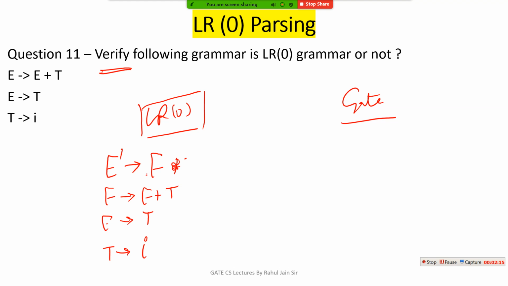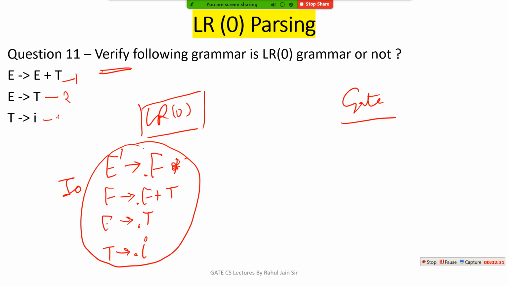Now let us make the LR0 items. Suppose this is my state I0. I am numbering these productions as 1, 2, 3.